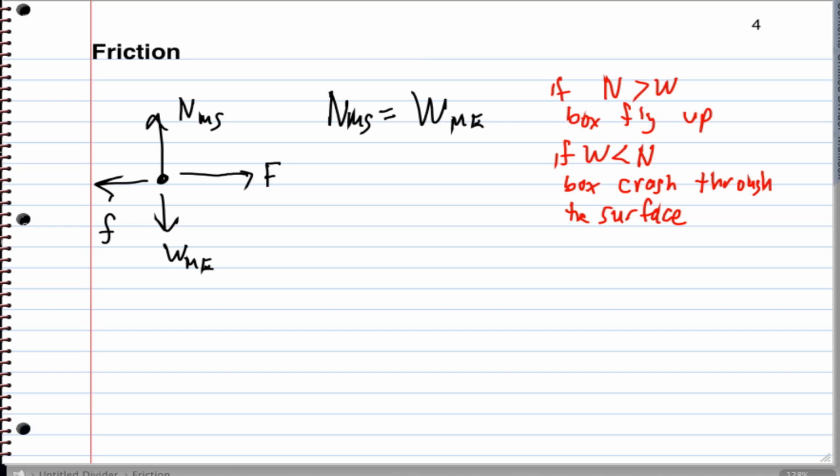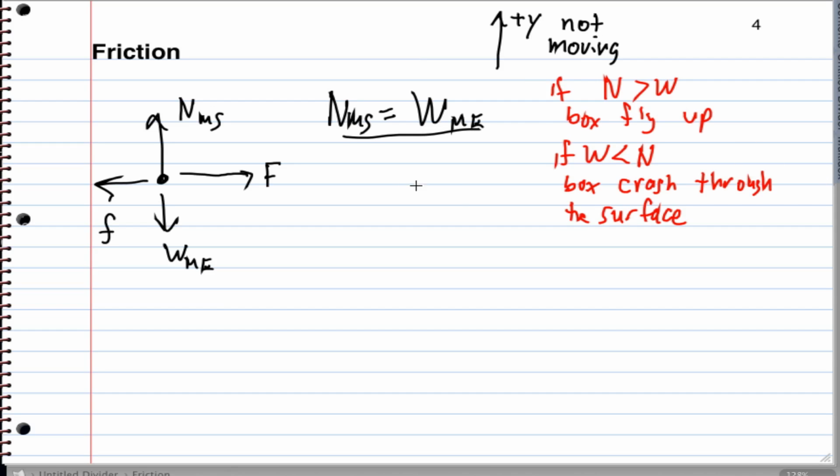People are okay with that because they say, oh, it's not moving up and it's not moving down. In the vertical plus y direction, it's not moving. So people are okay with the fact that the forces are balanced in this direction.